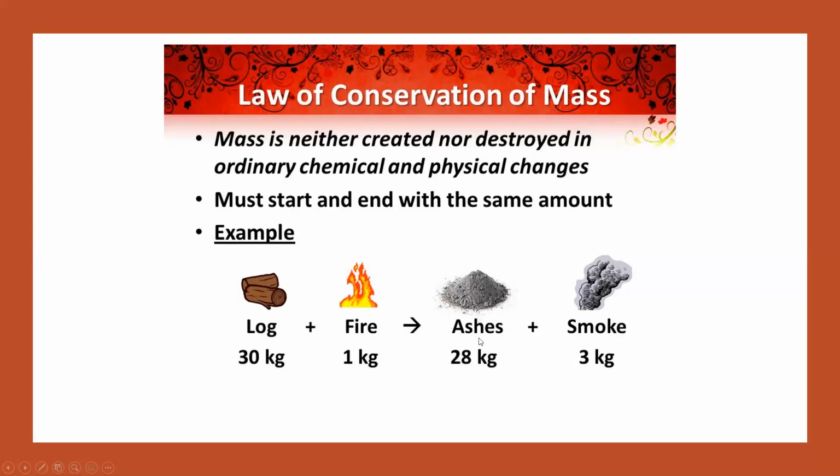If you go to the products, you will have 28 kilograms of ashes and 3 kilograms of smoke. If you add 28 plus 3, you will get 31. Then you will have 31 kilograms at the end from 31 kilograms at the beginning. Mass is not created, not destroyed.